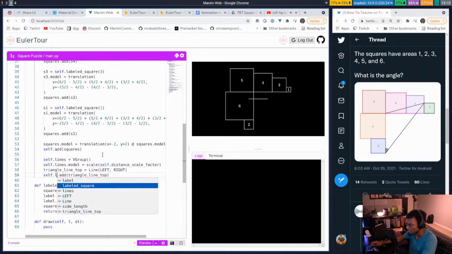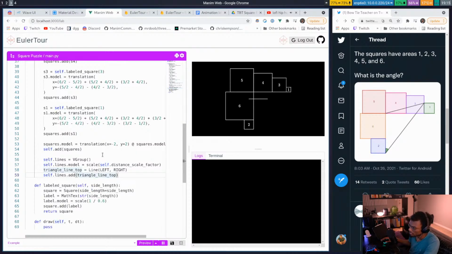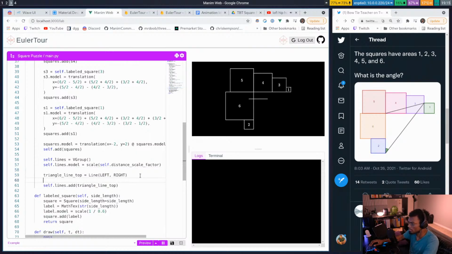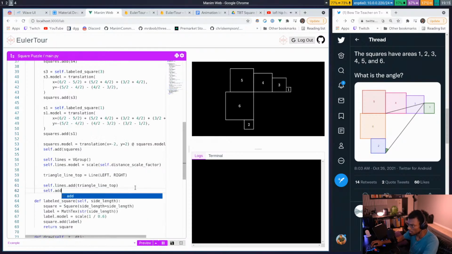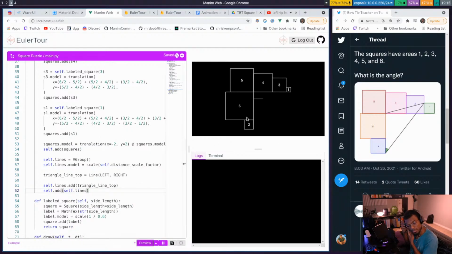I can do self.lines.add that. Then I have to add self.lines. Okay, and this did scale it a bit, which is correct.